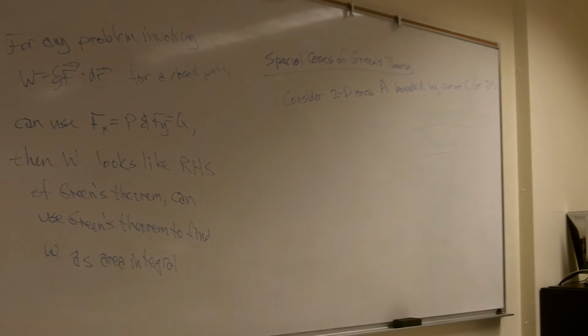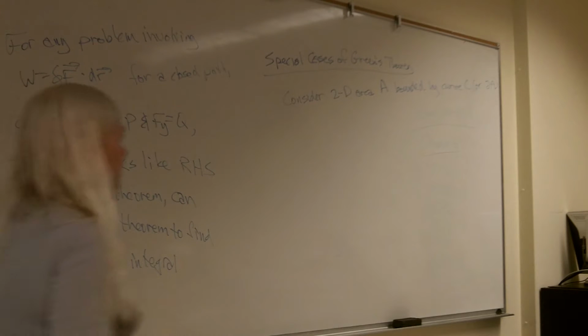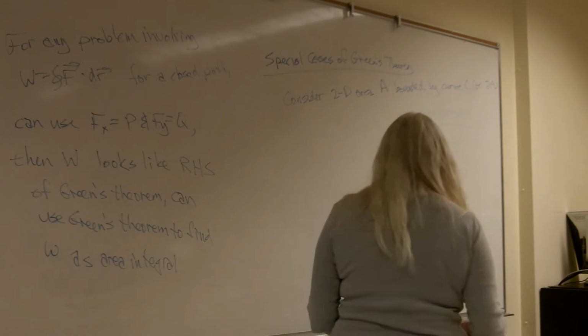They'll often use that to reflect the boundary of whatever comes after it. It's a symbol that a lot of books use, so call it C or call it delta A, I don't care which.